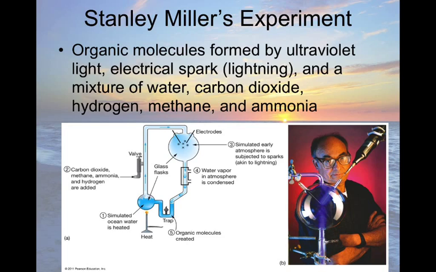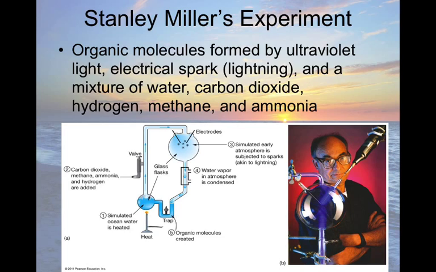So this is a very famous experiment. Stanley Miller worked for this guy named Harold Urey. This was his thesis when he was a grad student. What he basically did was take the molecules that we suspect made up the early atmosphere, things like ammonia, methane, carbon dioxide, and hydrogen, things commonly associated with volcanic eruptions.